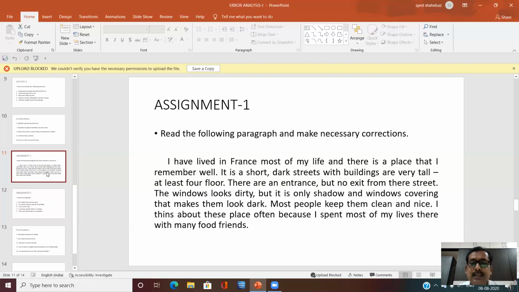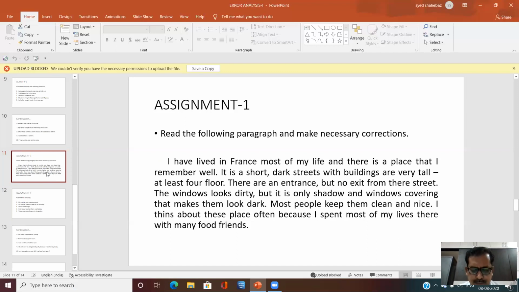There is an entrance, but has no exit from the street. The windows look dirty, but it is only the shadow covering that makes it look dark. Most of the people keep them clean and tidy. I think this place often because most of my life I spent there with my good friends. This is the passage.